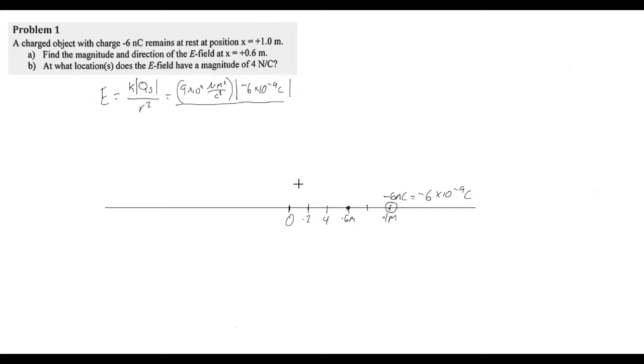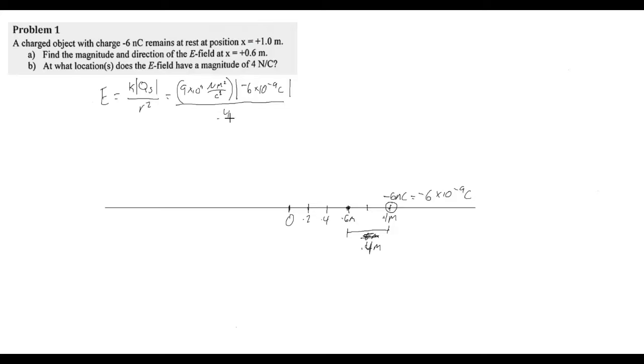And our distance is not the 1 meter. It is the distance from the source charge to wherever we are measuring our E field. If you can hear that helicopter or plane, my apologies. So this is not 0.6 meters, this is 0.4 meters, from 1 meter to 0.6 meters.